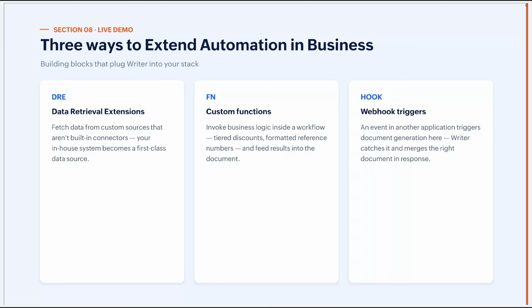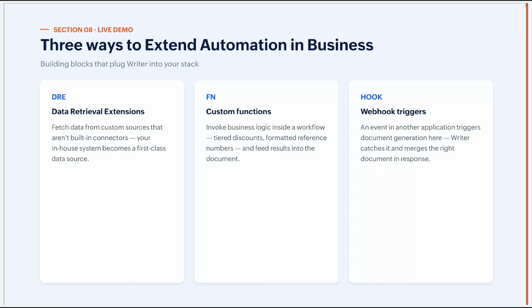This lets you fetch data from a custom source that isn't one of the built-in connectors. You can configure where the data comes from, and now those fields are available to you in the merge document just like CRM fields were. So your in-house system becomes a first-class data source.